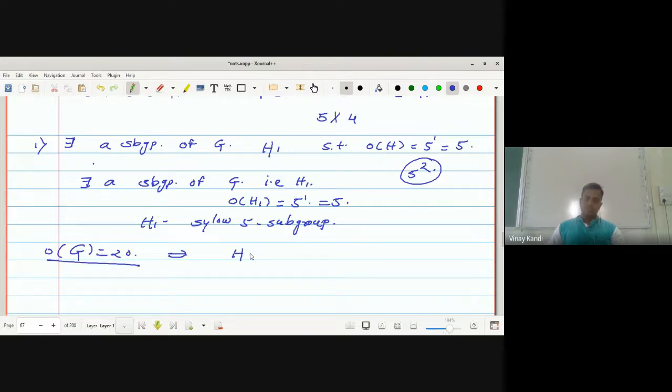Sylow 5 subgroup of order 5. Okay, is it correct? Of order 5. And in the above example, H is Sylow 2 subgroup of order 2 square, which is equal to 4. Is it correct?